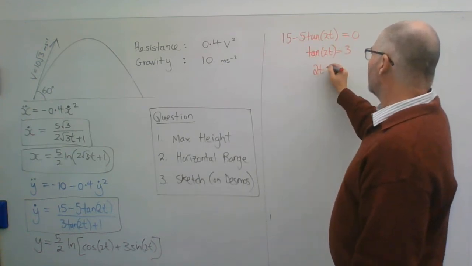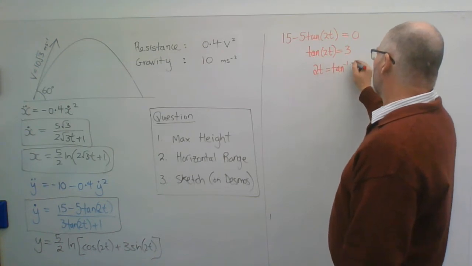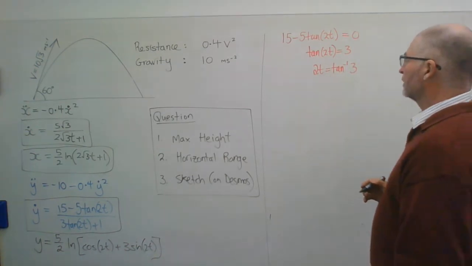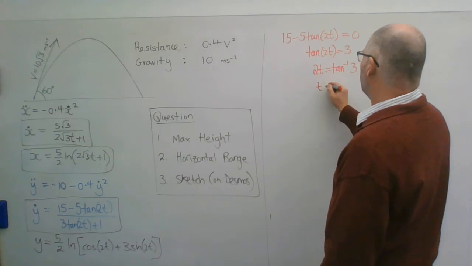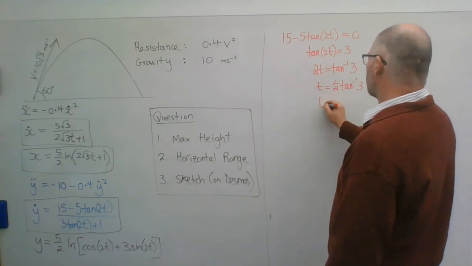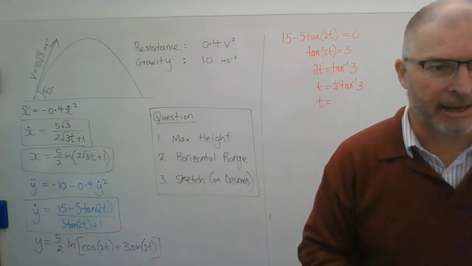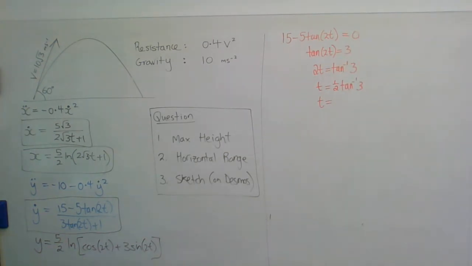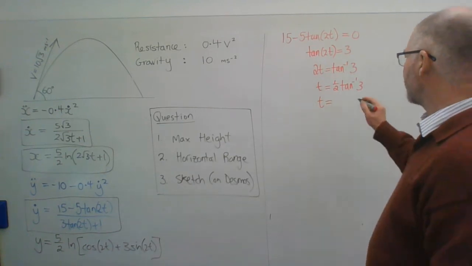So 2t equals inverse tan of 3, and t equals whatever that is. So let's pop that in the calculator now. Inverse tan of that, we get 0.6245 seconds.